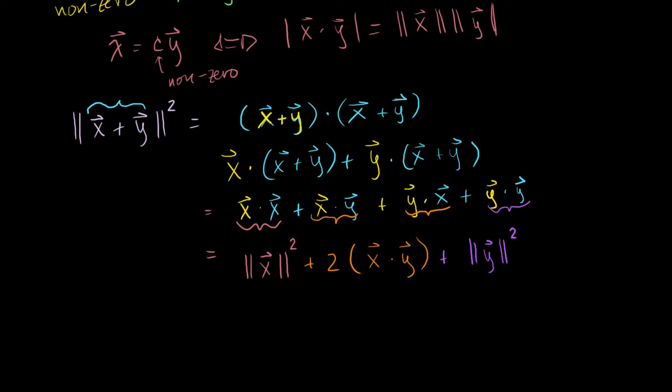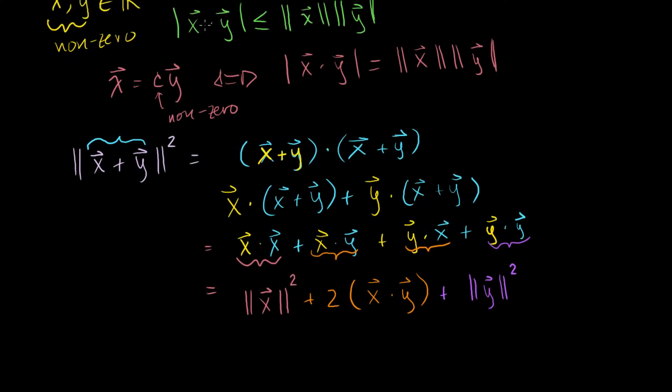Now, let's see if we can break out our Cauchy-Schwarz inequality. Or maybe Schwarz. I don't know if I'm pronouncing it right. But x dot y has to be less than or equal to the absolute value of x dot y.